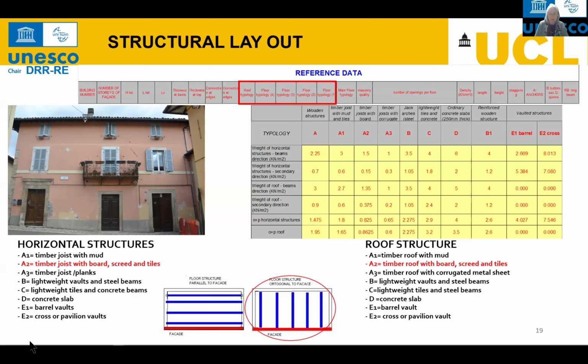And once you provide that category, then FaMIVE directly assigns values for the gravity loads of both floors and roof structures, and on both sets of walls.